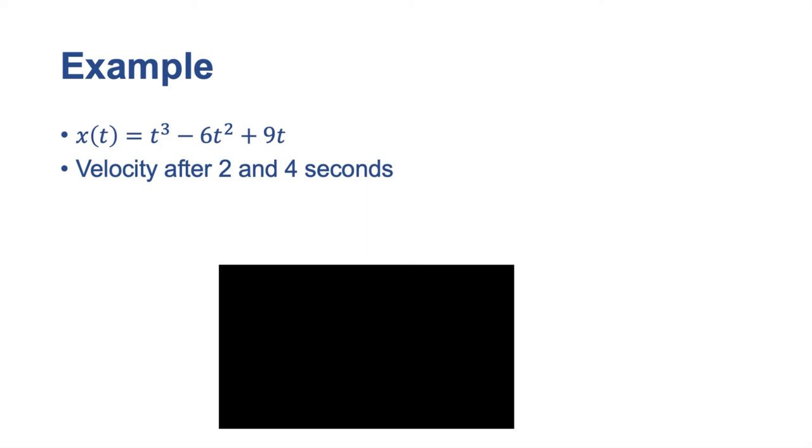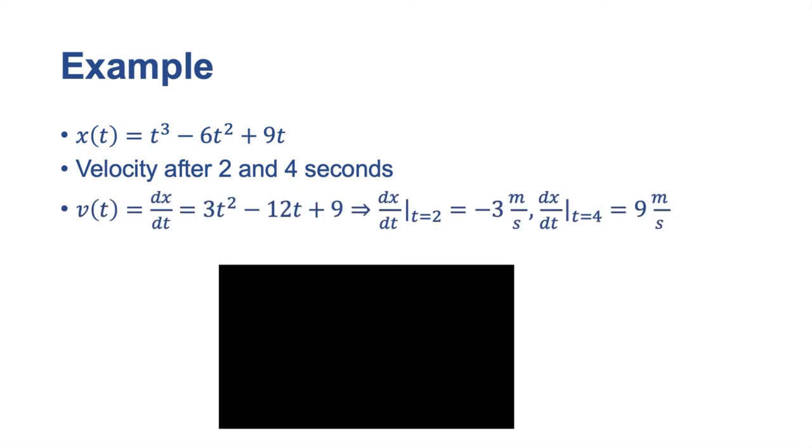So to do this, we are going to take the first derivative of position, and that will give us v of t equals dx/dt, which is equal to 3t squared minus 12t plus 9. And in order to evaluate that at 2, we're going to evaluate the derivative at t equals 2 seconds, and that will give negative 3 meters per second. Furthermore, if we evaluate that at t equals 4, we will be given 9 meters per second.